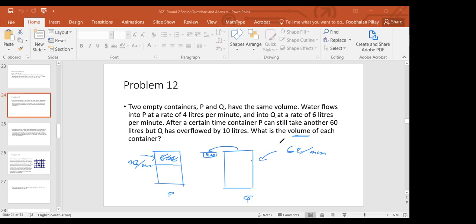The reason is because the 6 is bigger than 4. It's bigger than 4 by 2. So what's happening is that this thing has got 2 liters more per minute than that one. This thing fills up by 2 liters more in 1 minute than that one.